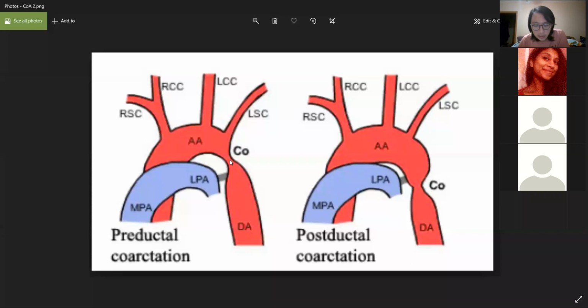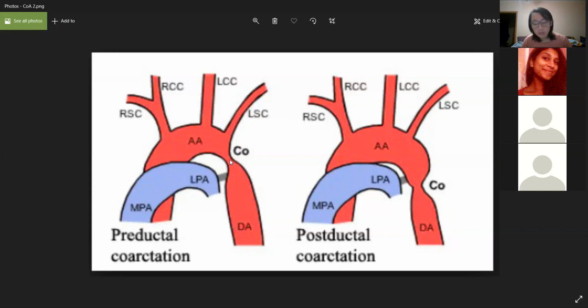When we talk about this preductal coarctation, it really is highly dependent on the severity and the timing as well, because sometimes when the ductus arteriosus is still present, it's not that prominent. So in chest X-ray, you see that the heart will start to compensate.